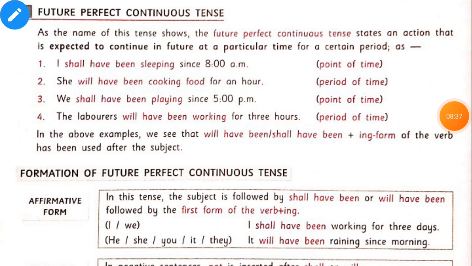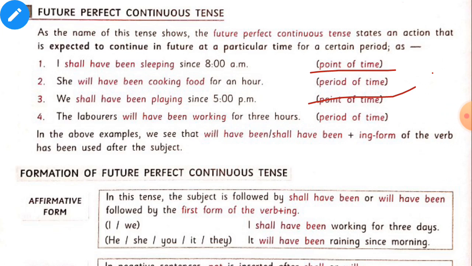Future perfect continuous tense, as the name of this tense shows, states an action that is expected to continue in future at a particular time for a certain period, as I shall have been sleeping since 8 a.m. Children, like past perfect continuous or present perfect continuous, here there will be point of time and period of time.